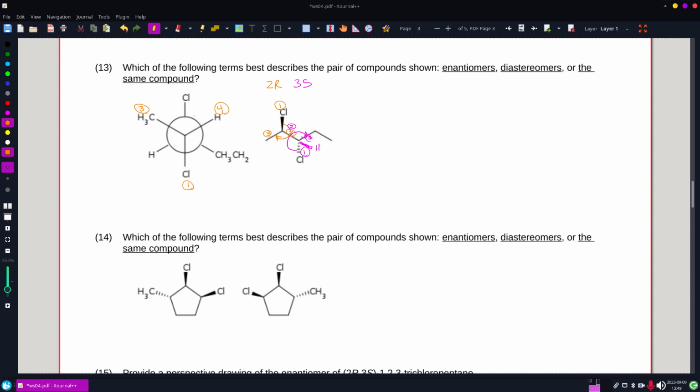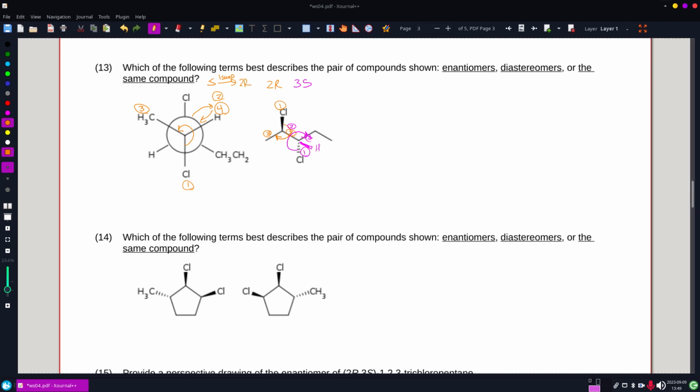I'd rather have the 4 there. So I'm going to do that swap. Make this the 2. All right, that gives me a rotation 1, 2, 3, which is counterclockwise. Now, counterclockwise with the 4 in the back would be S, but we did 1 swap, so that tells us this front location is an R.